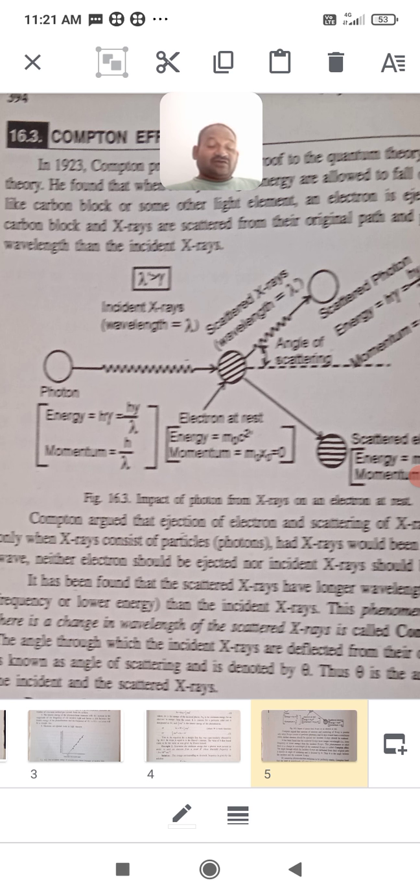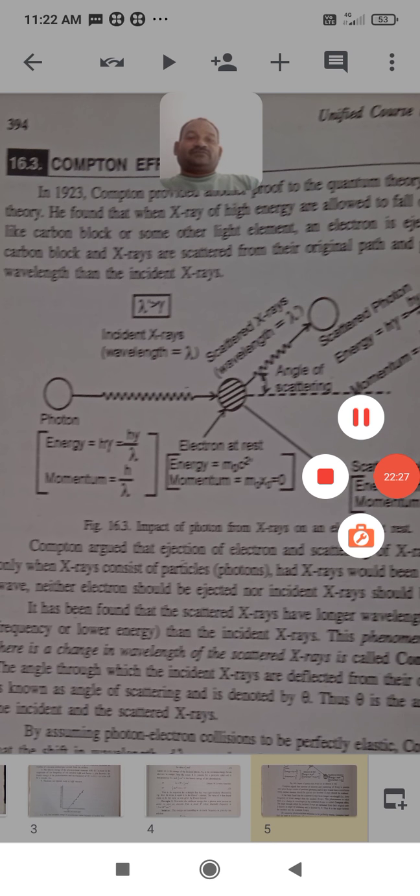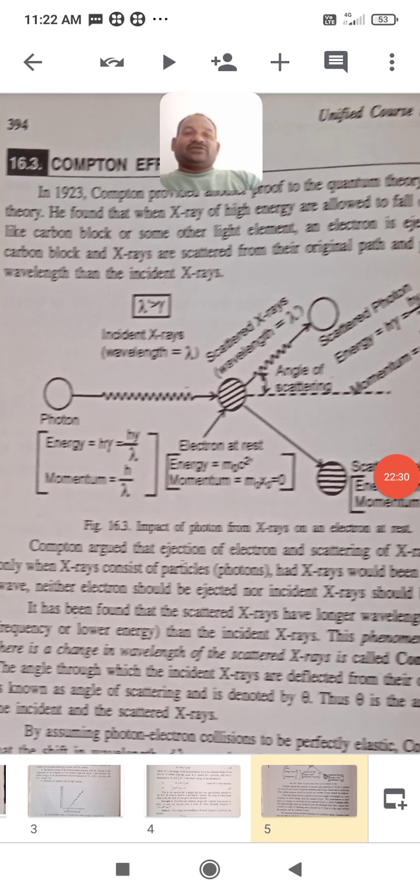Next is the wave mechanical concept of the atom, which is explained by the de Broglie equation, the Heisenberg uncertainty principle, and eigenvalues. These we will discuss in the next class. So follow the slides clearly.